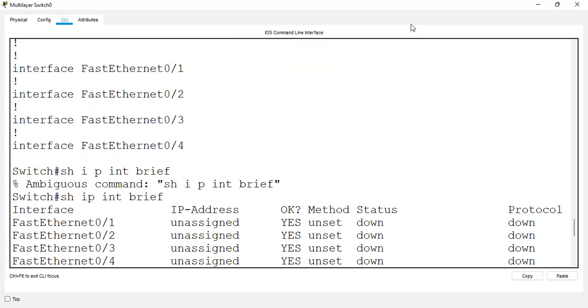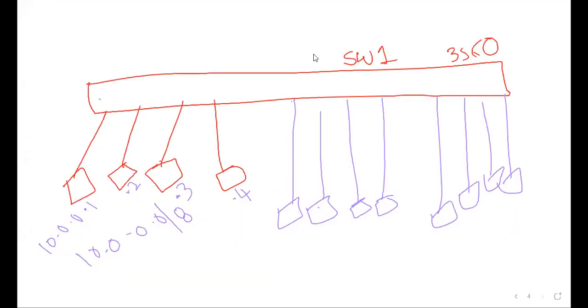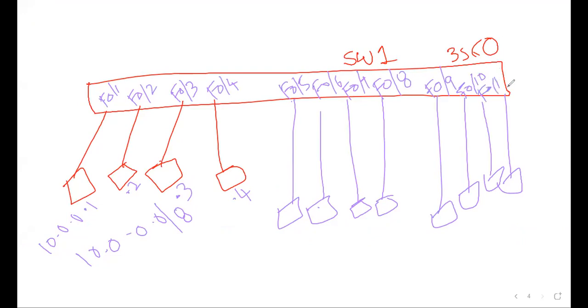So let's say this is F0/1, F0/2, F0/3, F0/4, F0/5, F0/6, F0/7, F0/8, F0/9, F0/10, F0/11, F0/12. This IP address again is .1, .2, .3, .4.